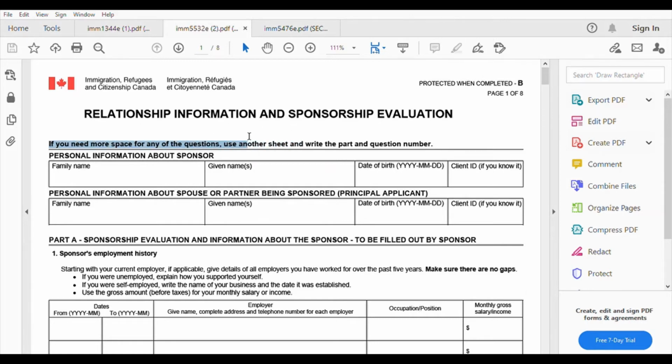Note that for any form, if there is extra information you need to provide for any point in the form, you can print out the same paper that you need to fill for the extra information, and on top of the paper you mention the part that you answer and which note, and you can sign and write the date.